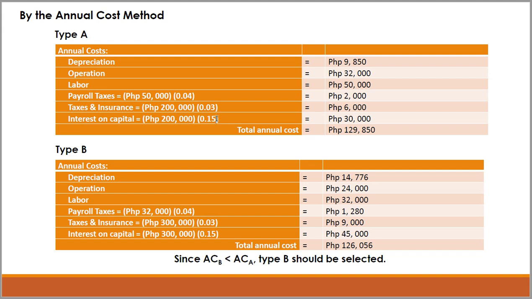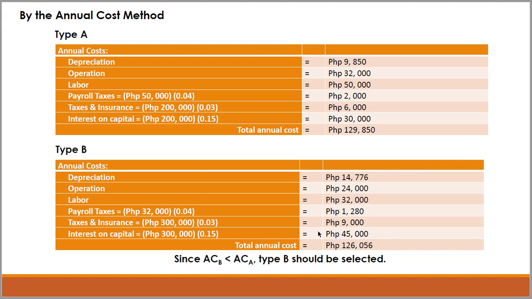So it's 15% of the initial investment or the capital or the principal. This is 30,000 in this case for type A. And for type B, it's 15% of 300,000, which is 45,000.